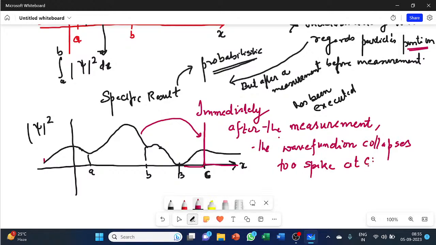It means that your particle is precisely at C. It implies that after measurement, you found that your particle is precisely at C. Okay, is that clear?